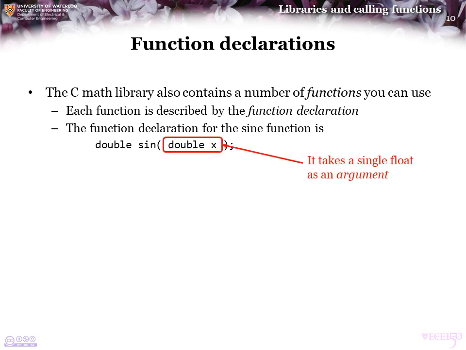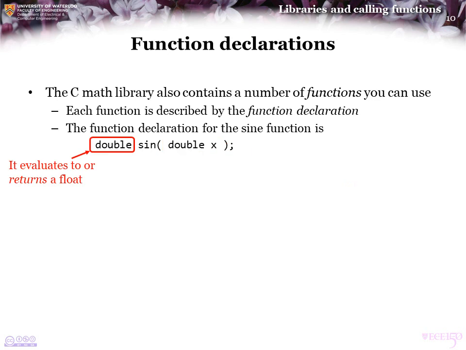What this says is that the sine function takes a single float as an argument, just like sine of x. The double to the left of the identifier sin indicates that this function returns a float.